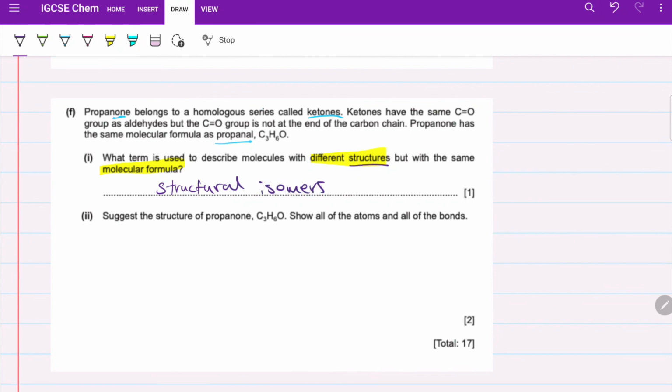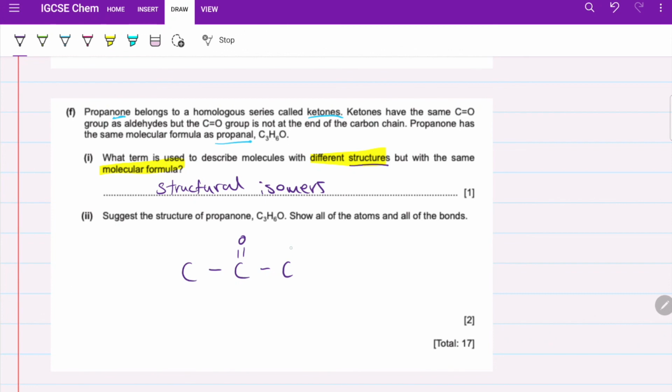Now, it's just a structure. There's really not many ways you can draw this, but there's one way to draw it. So we have 3 carbons. We know that C double bond O will have to be not at the end, so that's just going to be in this one, right in the middle. It can't be on either of the ones on the corner. So we've placed the carbons, we've placed the oxygen. All we have to place now are the hydrogens, and we know that carbon can form 4 bonds because it has 4 valence electrons.